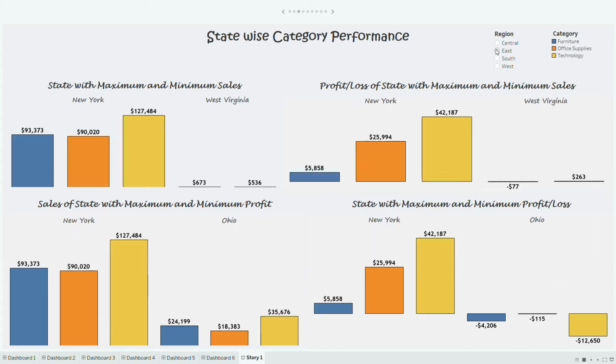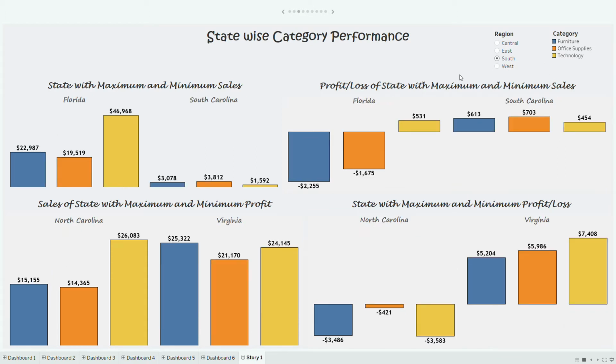Now in the eastern region we can see that in West Virginia, in the furniture category there is a loss, while Ohio, which was facing losses, has losses in all three categories. In the southern region, we can see that in Florida there is a loss in office supplies and furniture categories, while in North Carolina, the loss is in all three categories.